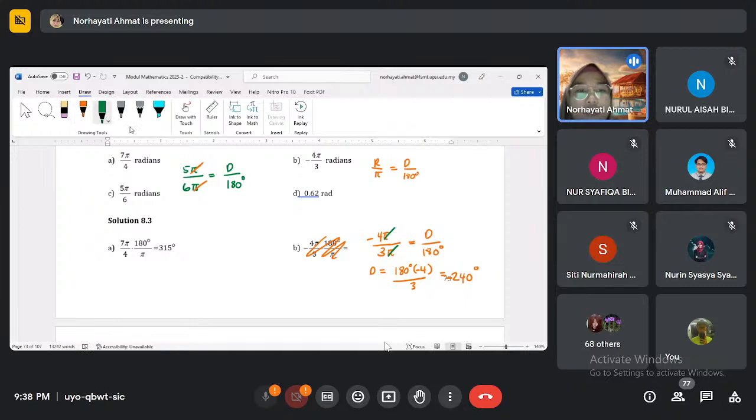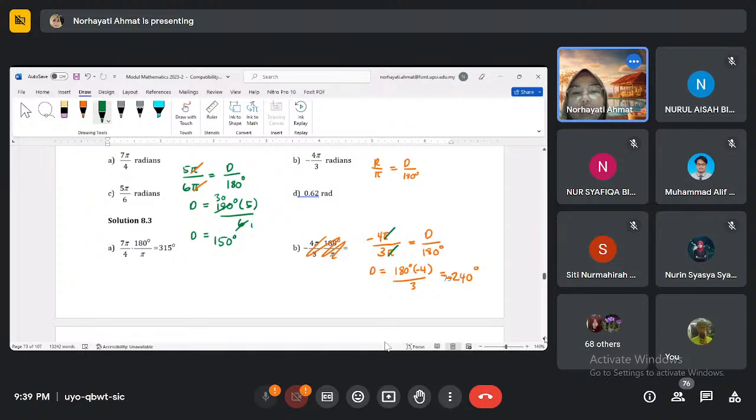Therefore, the angle degree equals to 180 times 5 over 6. Okay, simplify dia. This is 1, this is 30. 30 times 5 is 150 degree. Sama macam apa yang saya bagi jawapan dekat bawah ni.